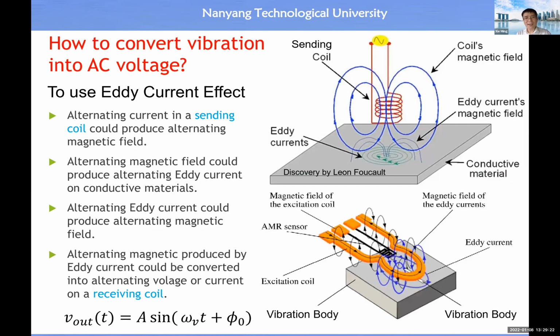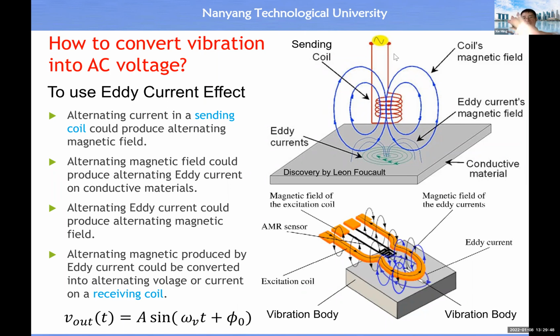So what exactly is the working principle of the eddy current effect sensor? You will see here, we have a sending coil. This one will produce an alternating magnetic field. This is the inner power supply of AC voltage, and it has its own frequency.